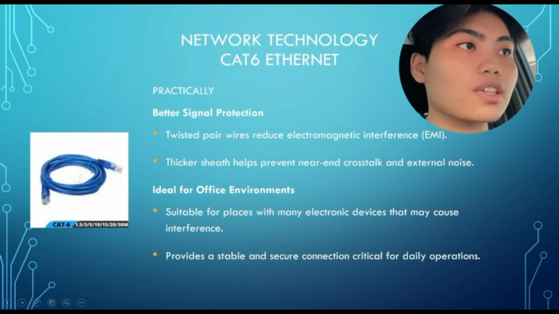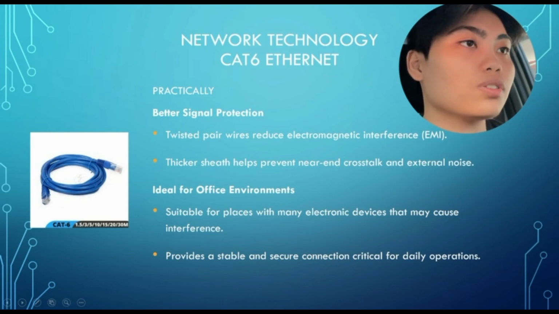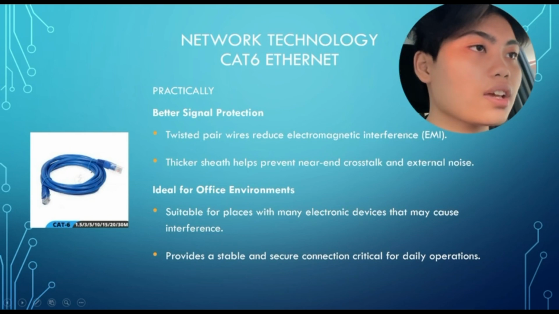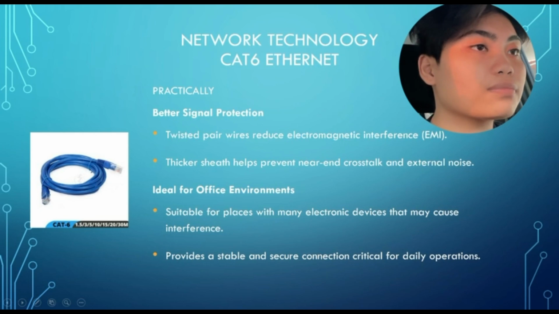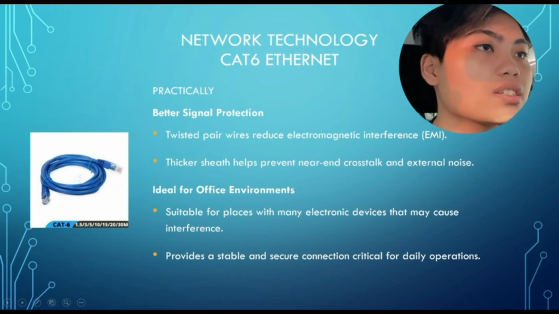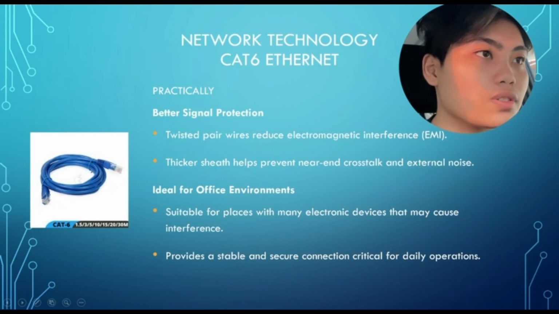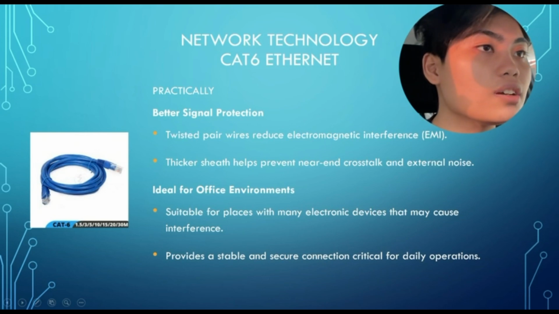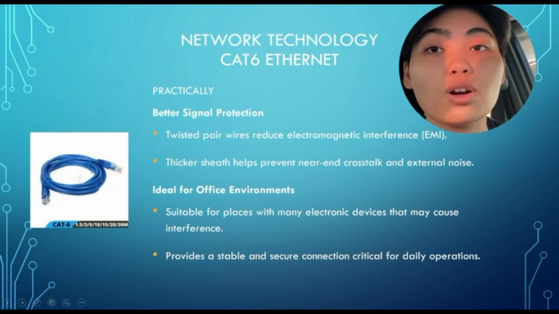It also has a thicker outer sheath that helps prevent near-end crosstalk and blocks external noise. This improves the overall connection quality. This also makes Cat6 Ethernet ideal for office use, where a stable and secure connection is important for smooth and reliable daily operation.